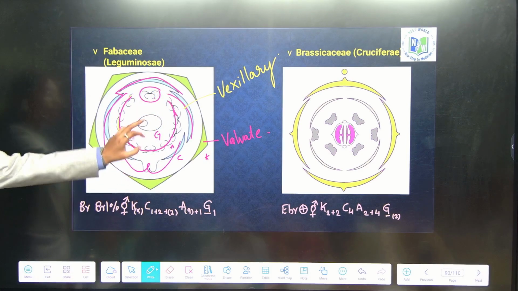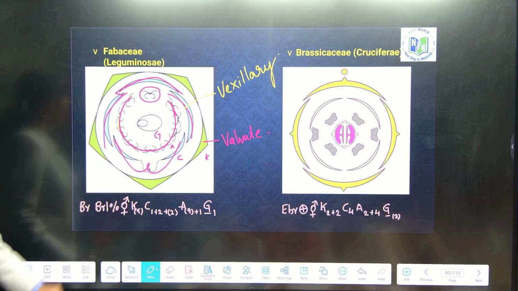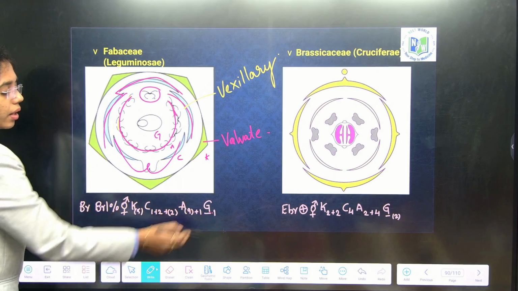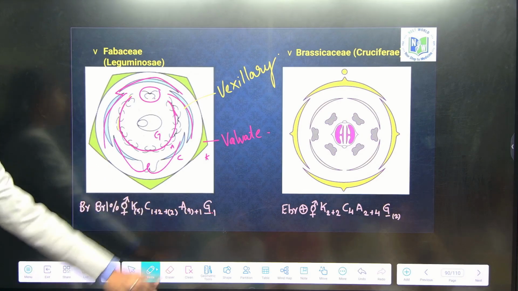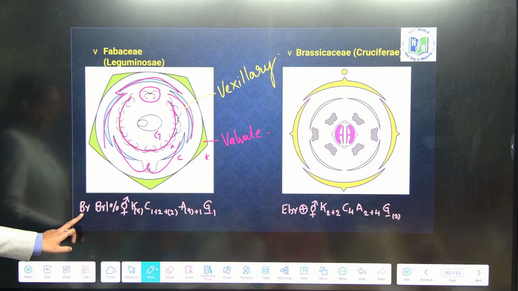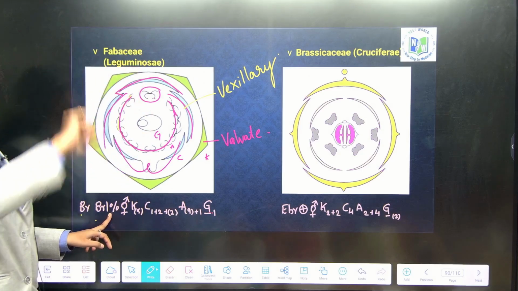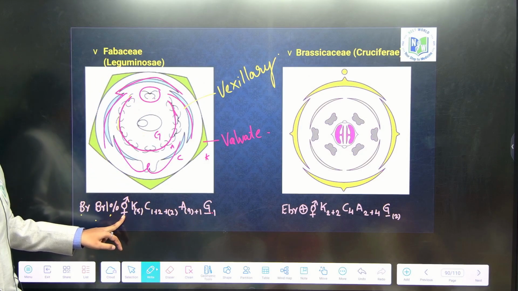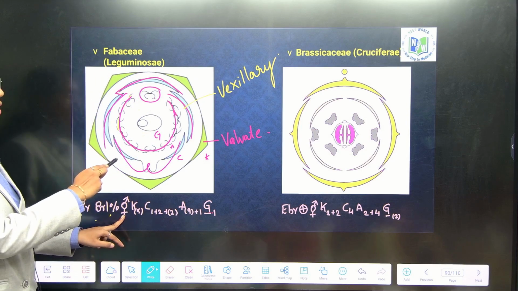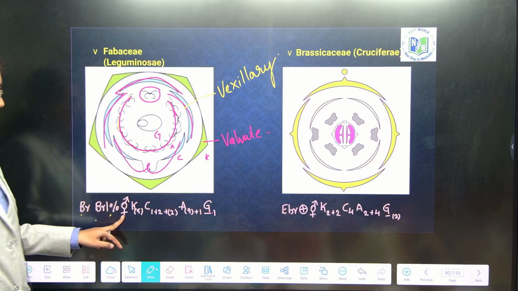And gynoecium is monocarpellary and superior. It has what ovary? Superior ovary. It is bracteate, bracteolate, zygomorphic because of vexillary aestivation. It is bisexual because in the floral diagram you can see both androecium and gynoecium.